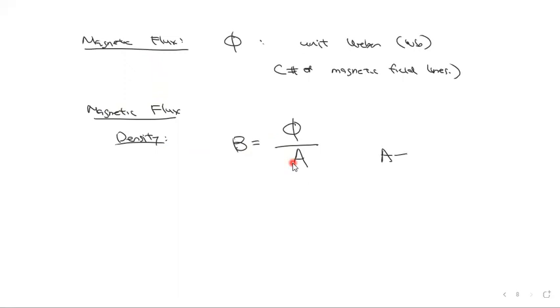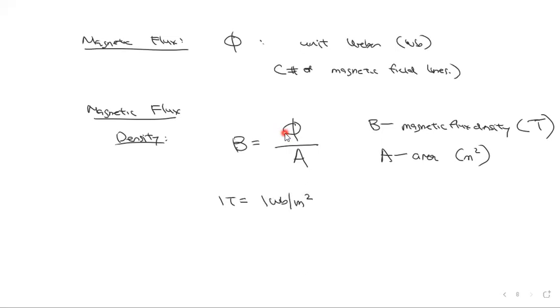A is area in square meters, being the SI unit, and B is magnetic flux density in terms of Tesla. So to be clear, 1 Tesla is 1 Weber per square meter. Right? Because the Tesla is a unit of magnetic flux density, and that's representing 1 Weber for every square meter.